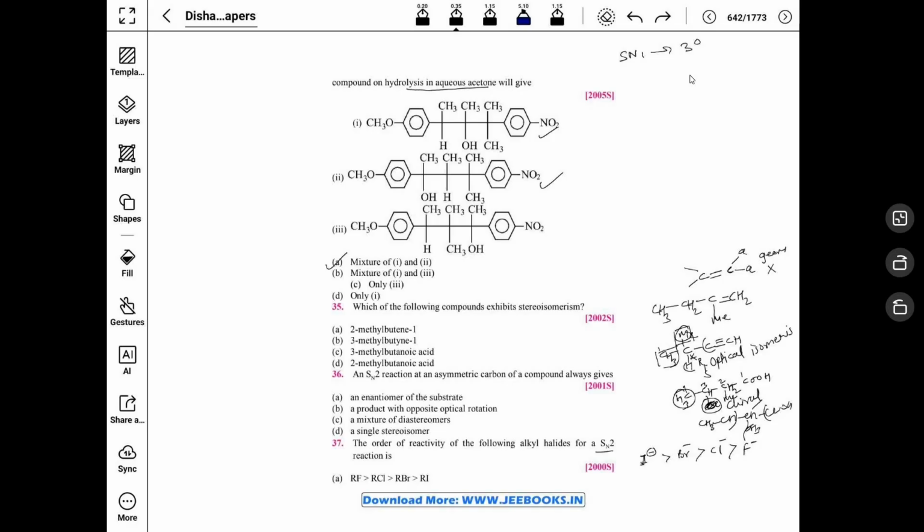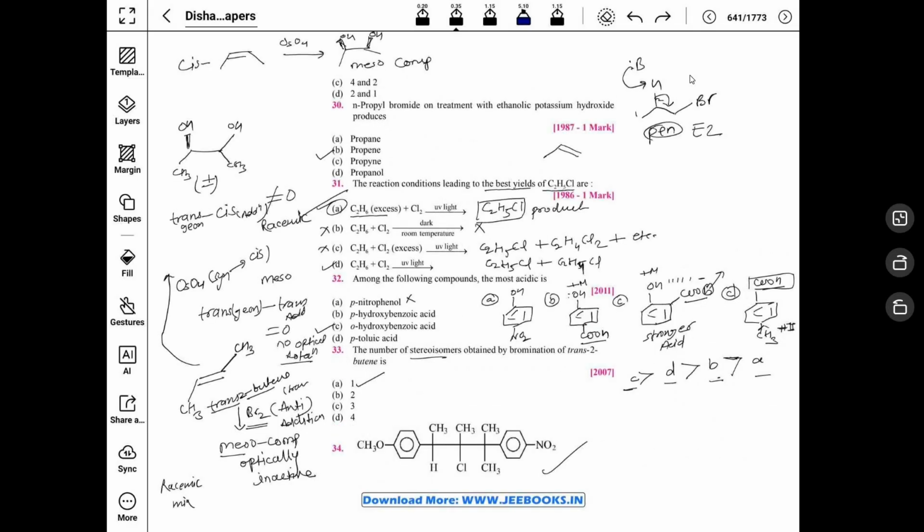Let's make the tertiary carbocation from this, how it will look. This is the tertiary carbocation, and this carbocation can get further stabilized because this hydrogen can shift to give the carbocation here. Now there is another possibility that this methyl can go here and the positive charge comes here.